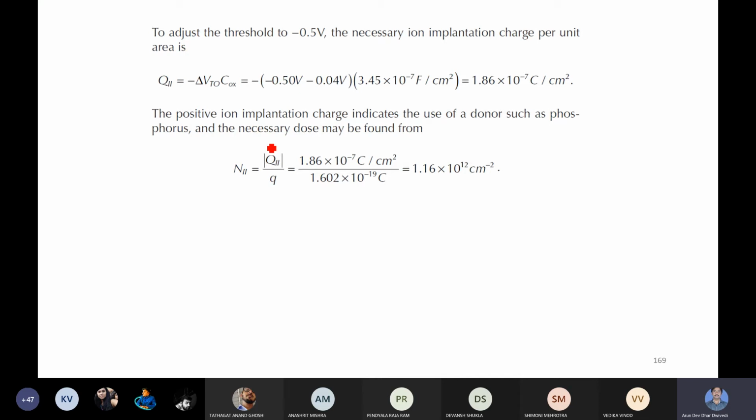So this may be clear. And this is called dose, because the number of ion implanted charges per unit area is called dose.